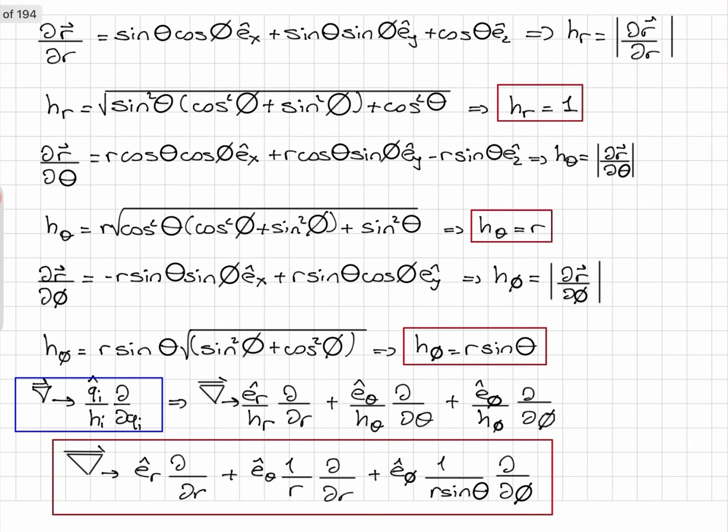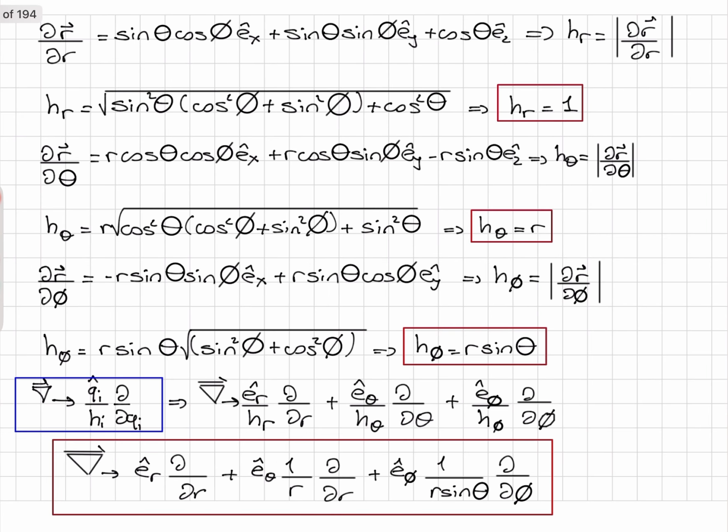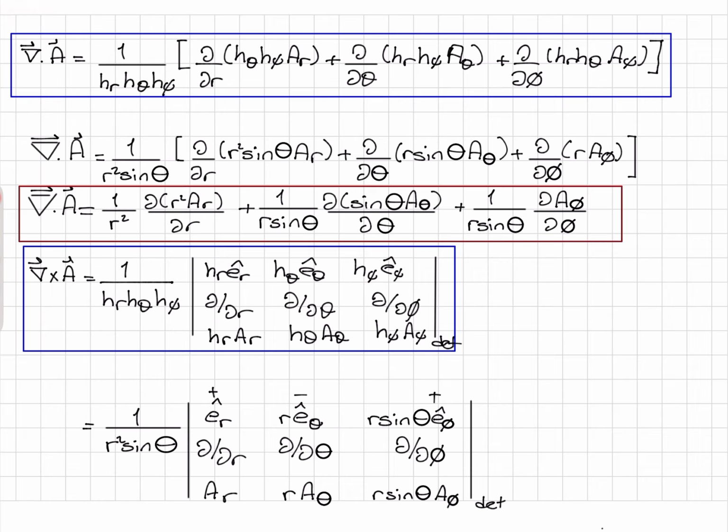Alright, so basically I have followed the same procedure. First, write the position vector using the transformations from spherical to Cartesian coordinates. Take derivatives with respect to r, theta, and phi. Evaluate the magnitudes, giving me the scale factors. Gradient operator is q_i hat over h_i ∂/∂q_i. That's what I have done here. Divergence is 1 over h_r h_theta h_phi times ∂/∂r of h_theta h_phi A_r plus ∂/∂theta of h_r h_phi A_theta plus ∂/∂phi of h_r h_theta A_phi.